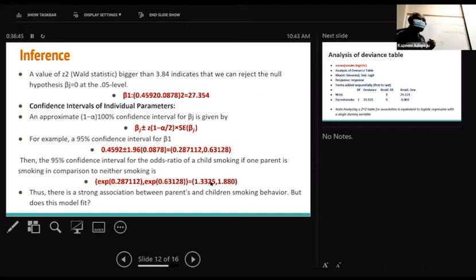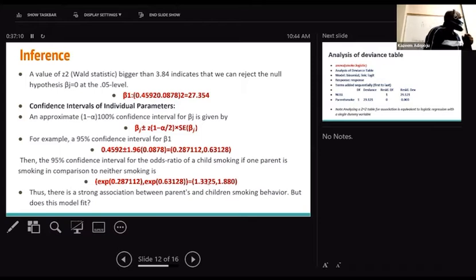The 1.58 that we got earlier was a point estimate of the odds ratio. But we want to get it as an interval. The interval is between 1.3325 and 1.880. That's what we mean.